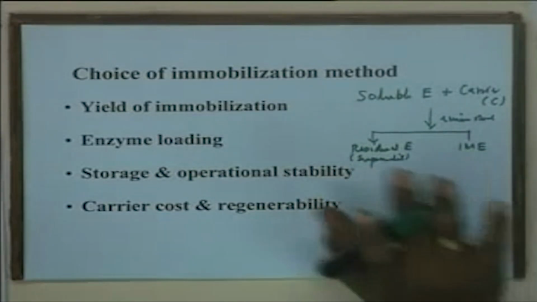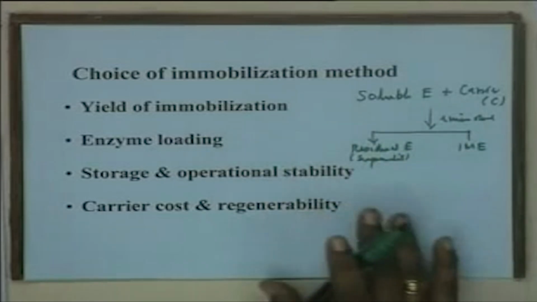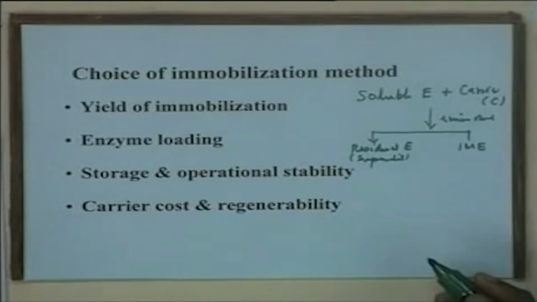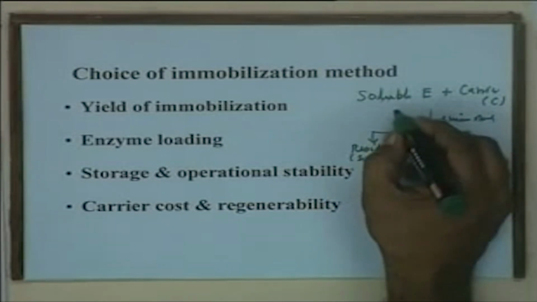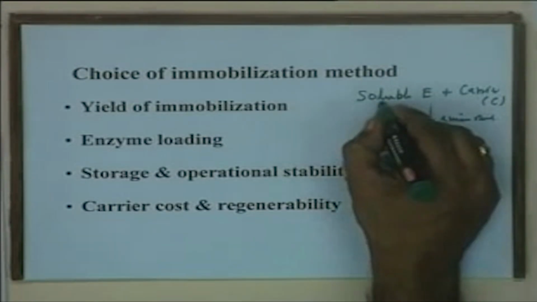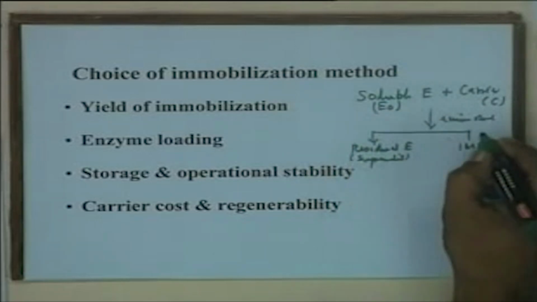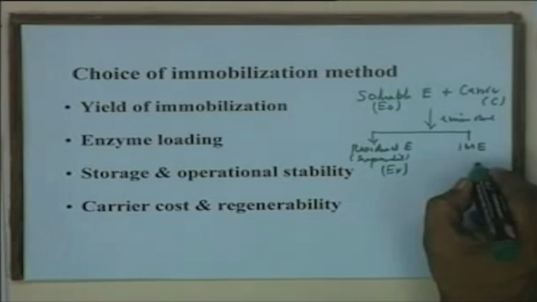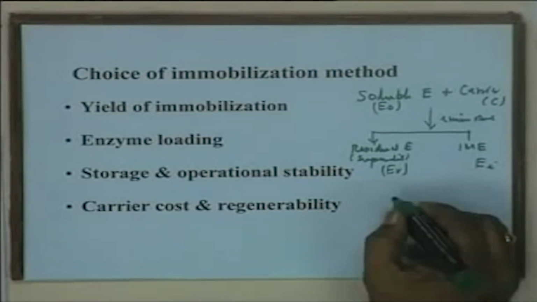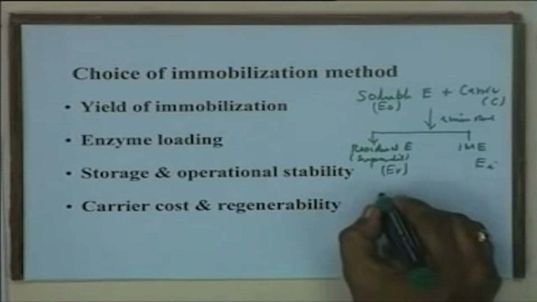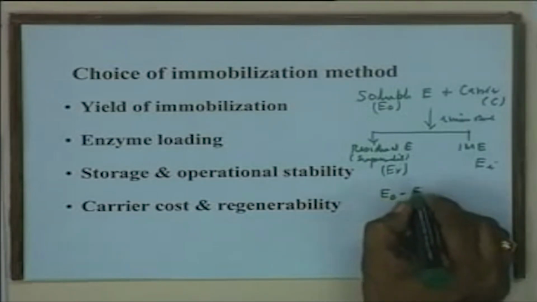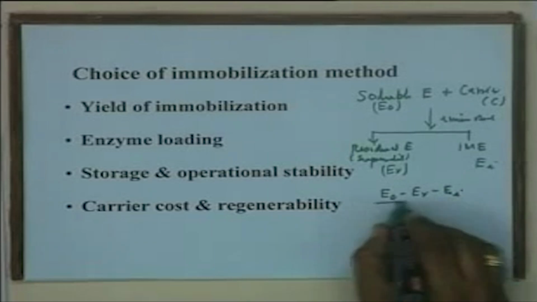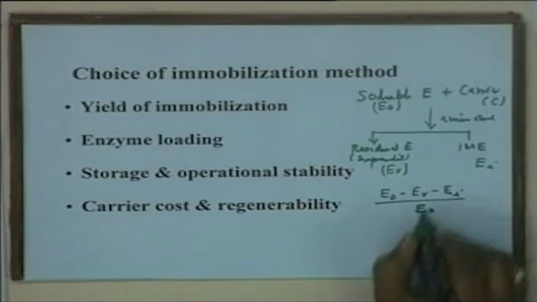This is the total picture of all the species that will be available, and essentially for the loss of enzyme activity, if I call your soluble enzyme activity, let us say, E0, your residual enzyme activity, let us say, ER, and the immobilized enzyme activity is EI, then essentially your loss of enzyme activity is (E0 minus ER minus EI) upon E0.